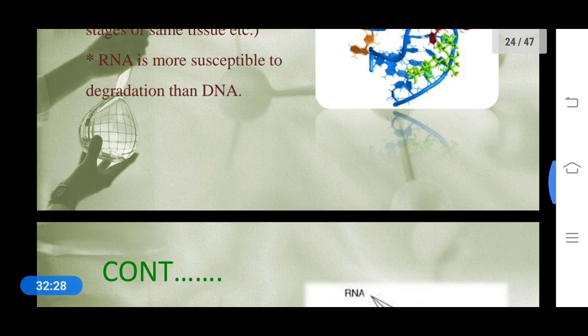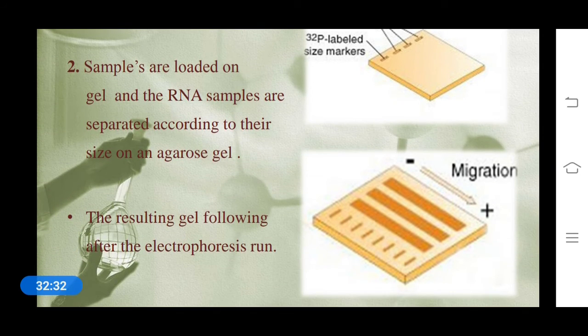The RNA is then separated based on fragment length, and these fragments are separated using agarose gel electrophoresis into similar sized bands, based on molecular size.